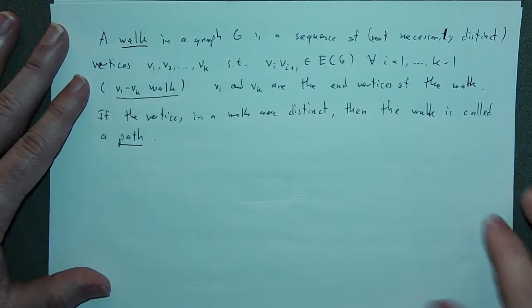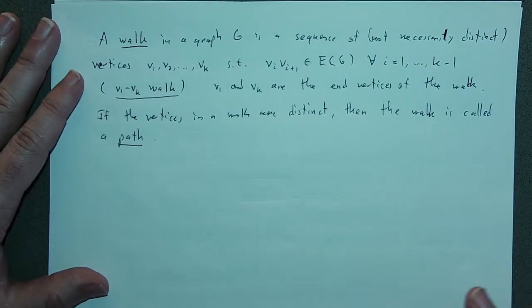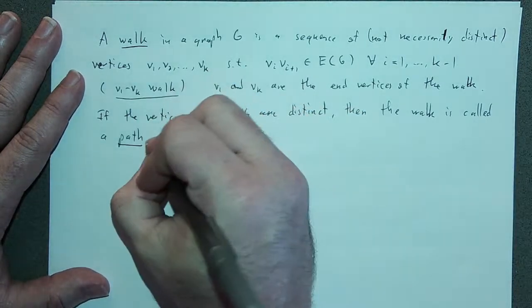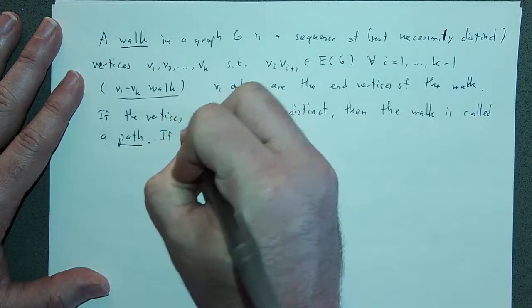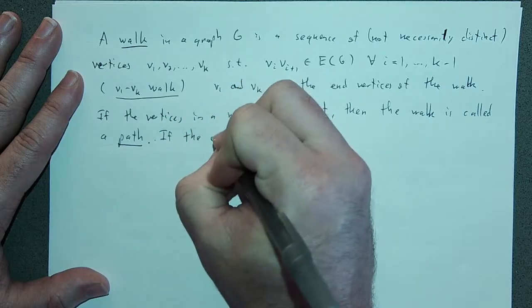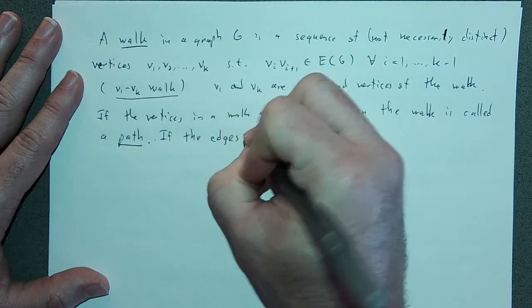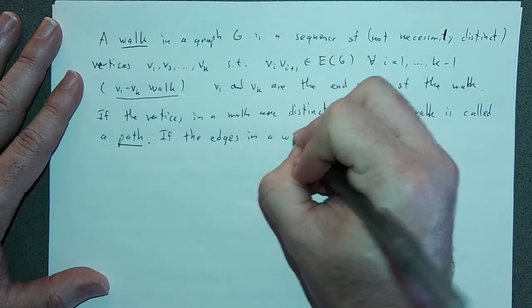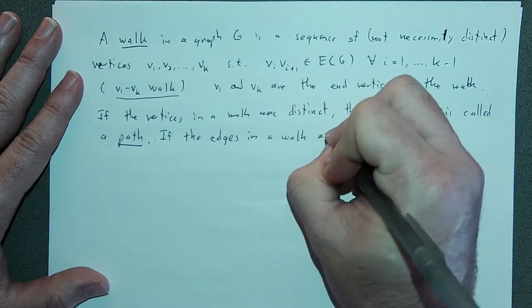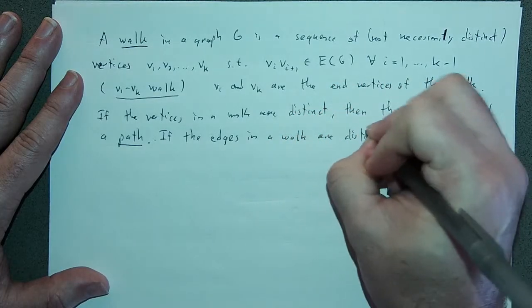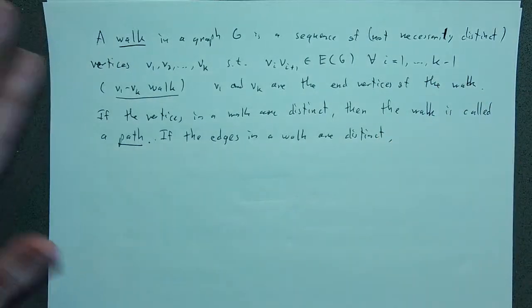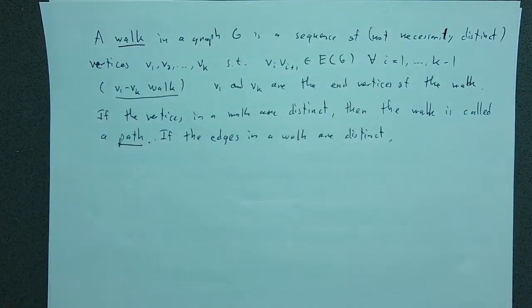Okay, if the edges in a walk are distinct, then the walk is called a trail.